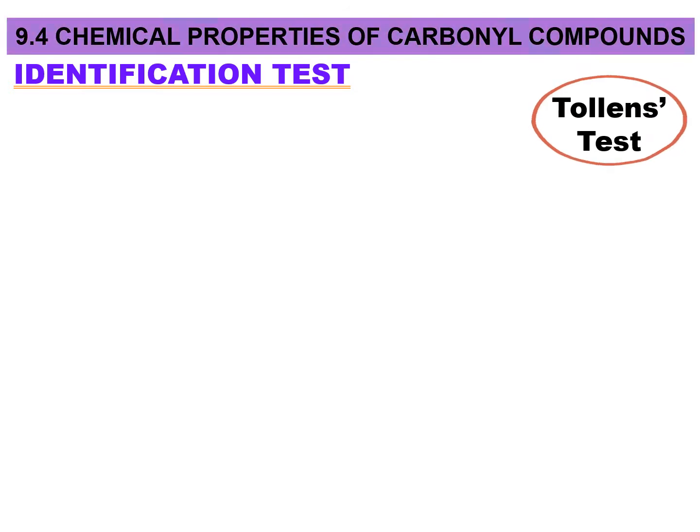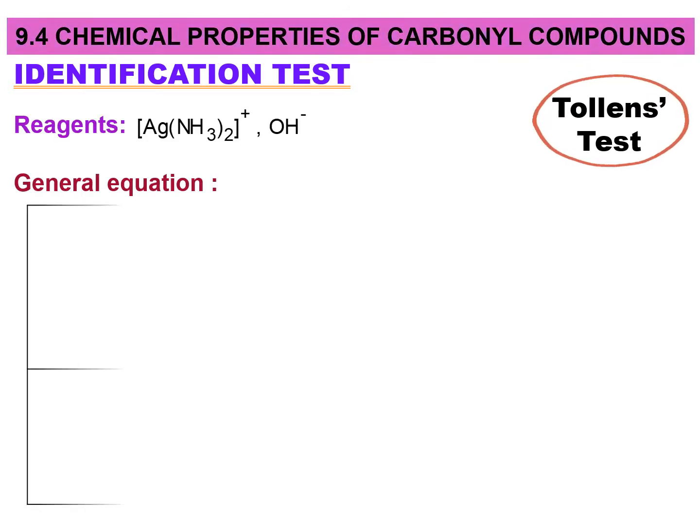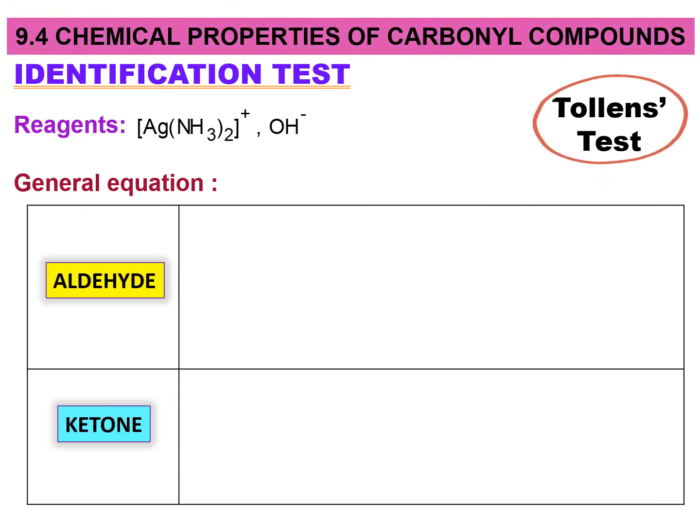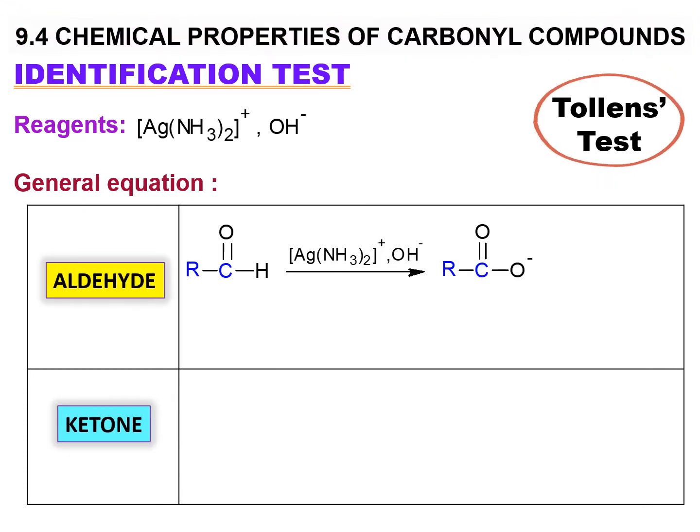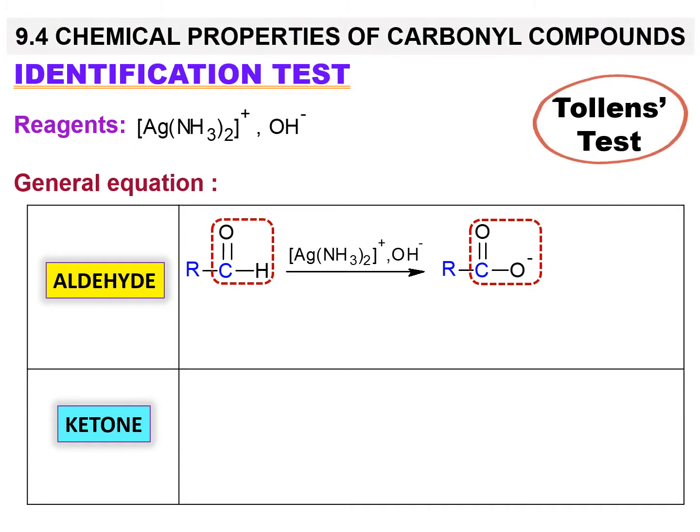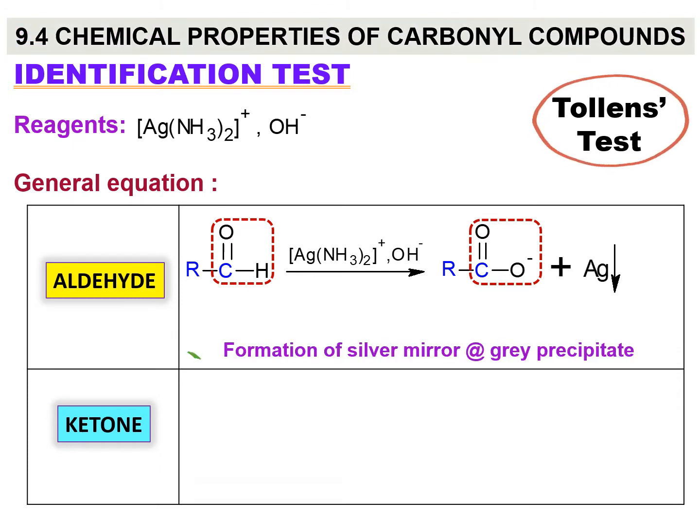The next identification test is known as Tollens test. This is the reagent. During a reaction with aldehyde, the CHO of aldehyde will turn to COO-, known as carboxylate ion, together with silver mirror or grey precipitate.